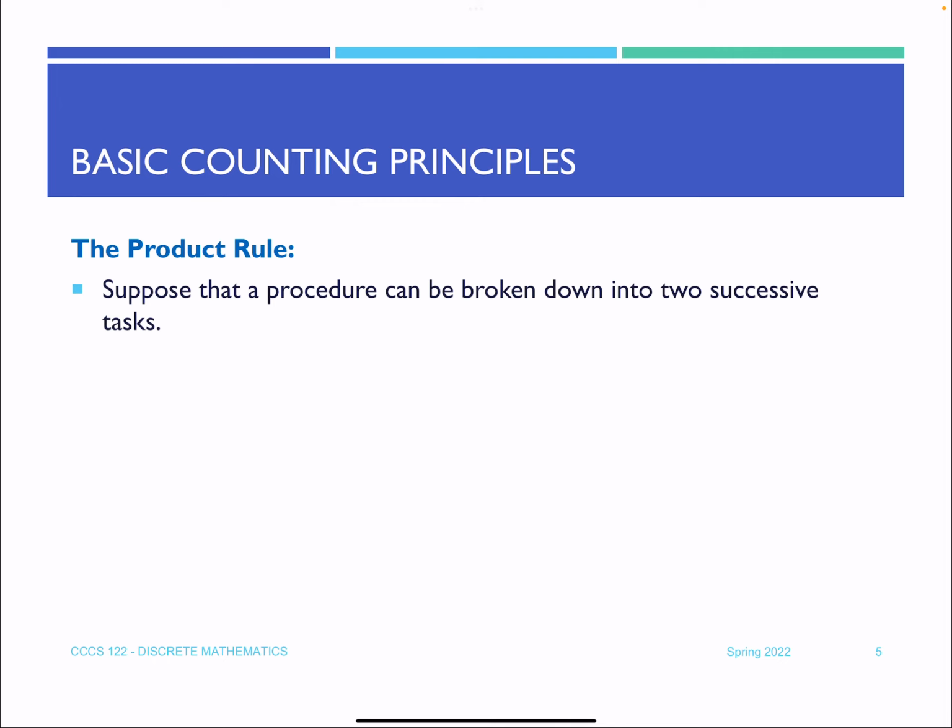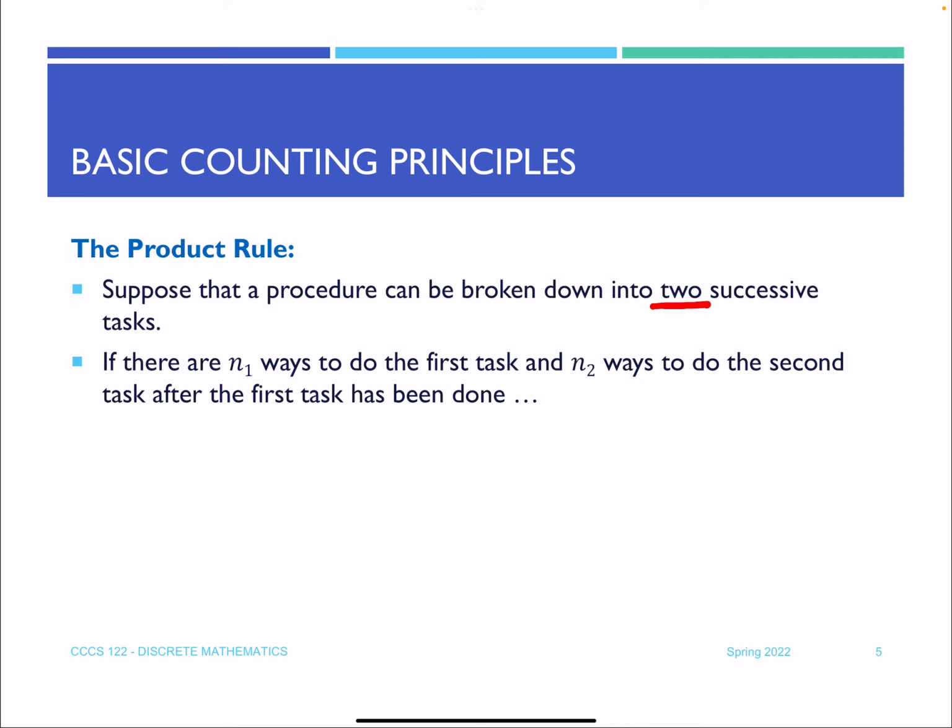Then we have the product rule. Suppose that we have a procedure. Procedure means a job that can be broken down into multiple tasks. Suppose we have a procedure that can be, for the simplest case, broken down into 2 tasks. Let's say there are n1 ways to perform the first task and n2 ways to do the second task.